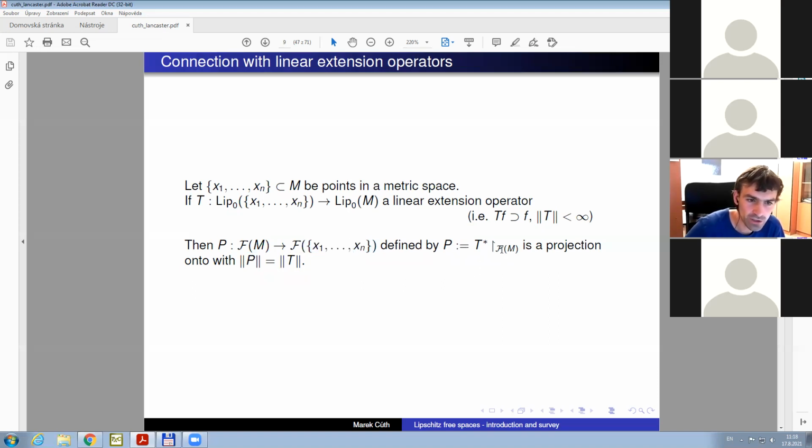This is defined by just taking the adjoint and restricting to the space F(M). And the norm of the projection is the same as the norm of this linear extension operator.